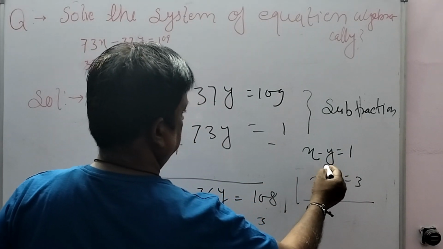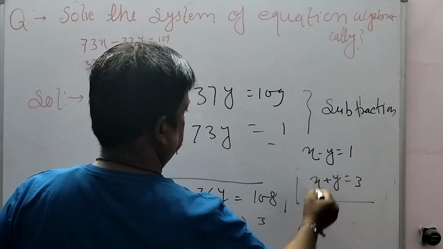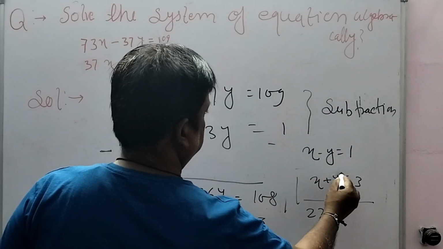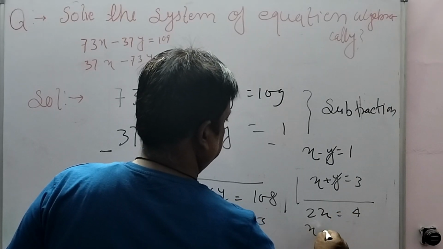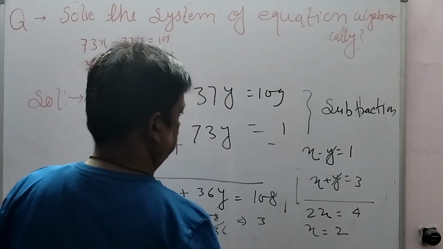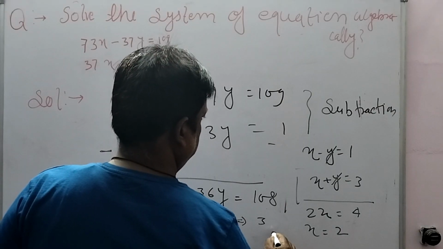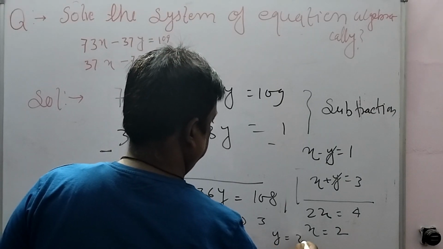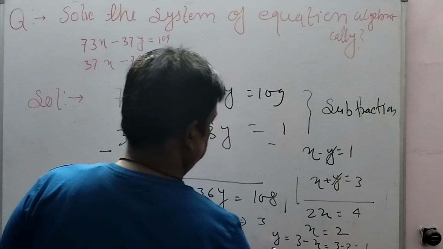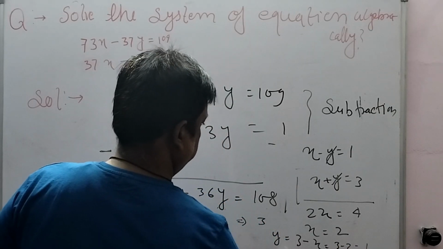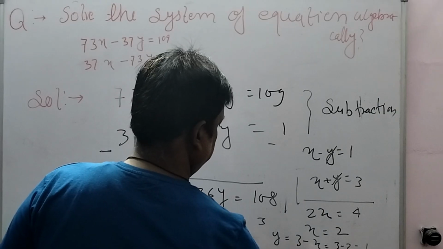We add: 2x equal to 4, that means x equal to 2, and y equal to 3 minus x, 3 minus 2 equal to 1. So x equal to 2 and y equal to 1.